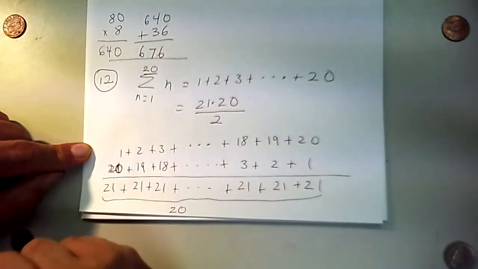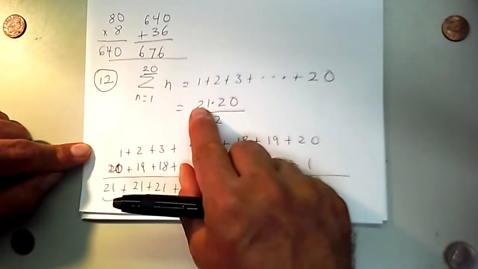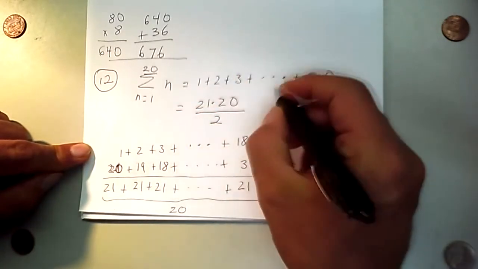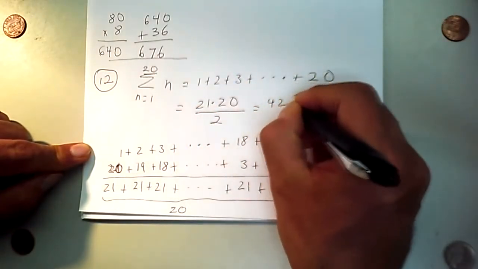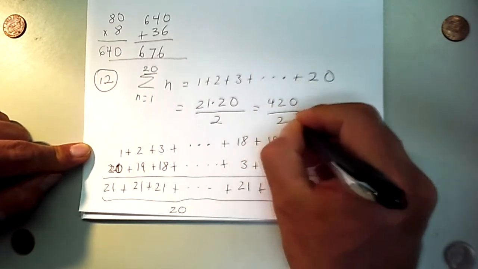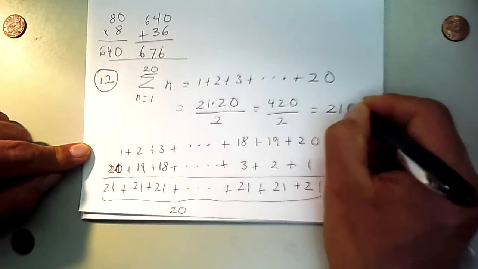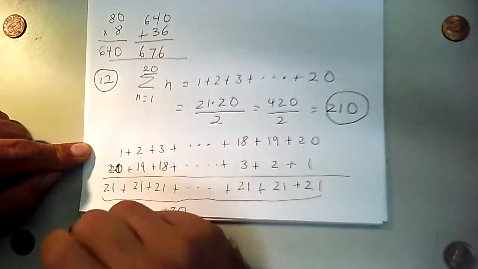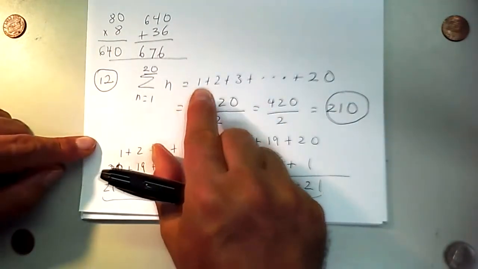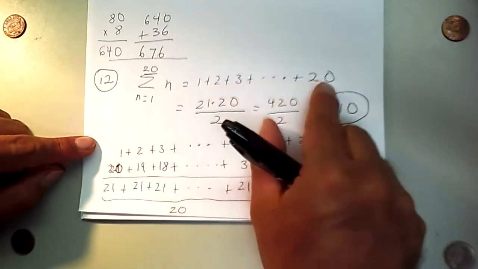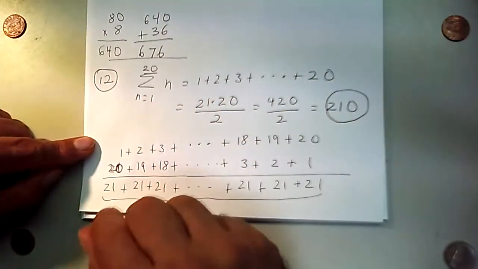Yep, and that is 420 divided by 2. So the final answer is 210. If you add 1 plus 2 plus 3 all the way up to 20, the final answer is 210.